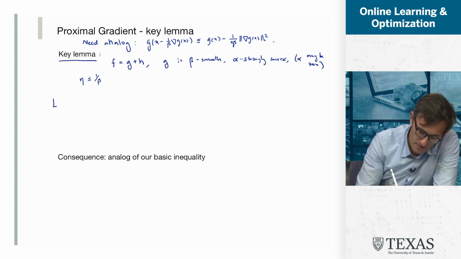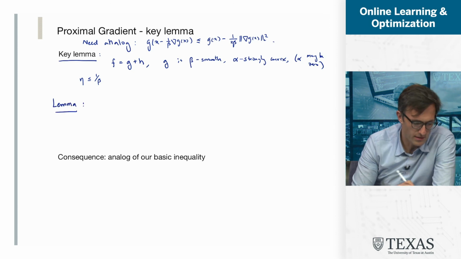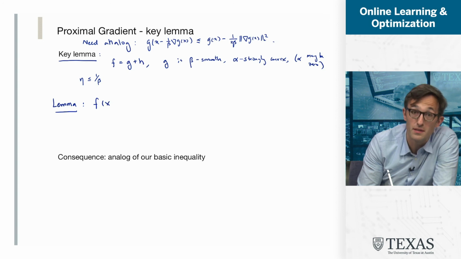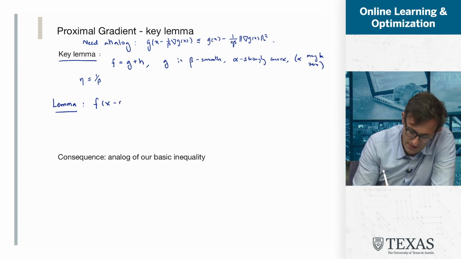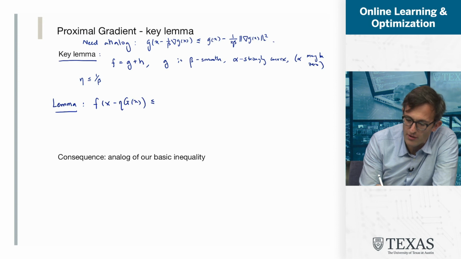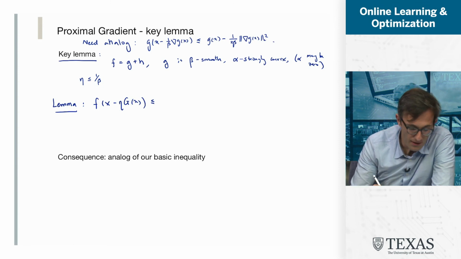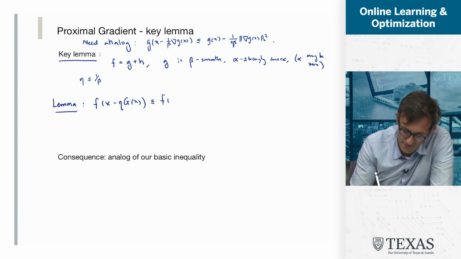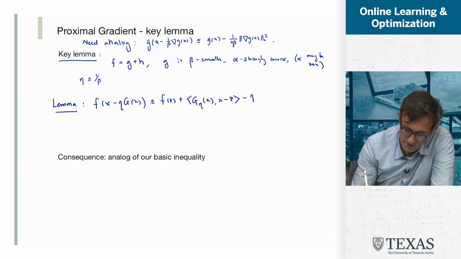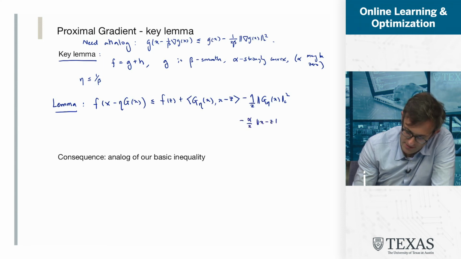Then the key lemma that we're going to need tells me that, and this is a statement about f, not just of g, f of x minus eta g eta of x is less than or equal to, note that this is starting out exactly like what we had before just for smoothness, f of z plus my gradient mapping, g eta of x, times x minus z, minus eta over 2 times g eta of x squared, minus alpha over 2 times x minus z squared.